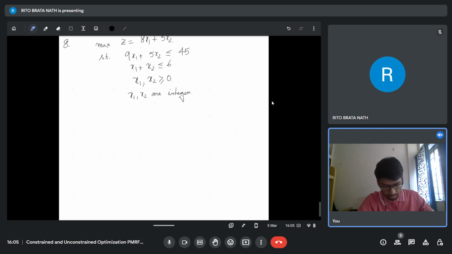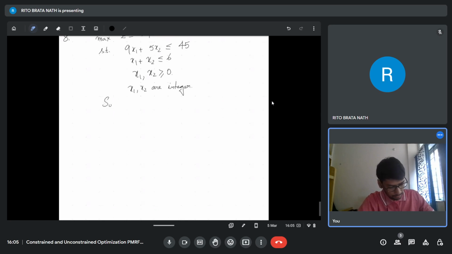Now solve this using the branch and bound method. So that is another interesting method that you can apply.